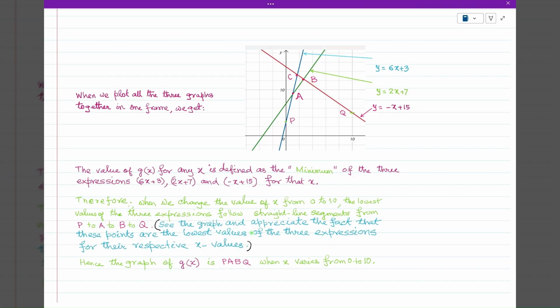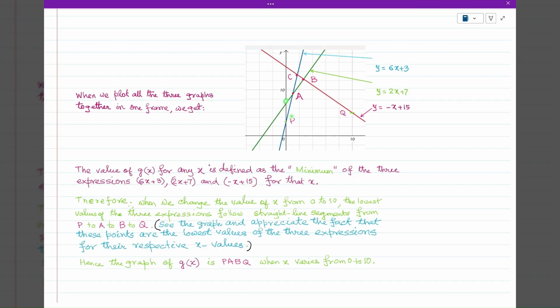Now look at the graph and appreciate the fact that these points are the lowest values of the three expressions for their respective x value. For example, when x is equal to 0, we get this line, and this line intersects the first graph at this point, the second graph at this point and the third graph at this point.